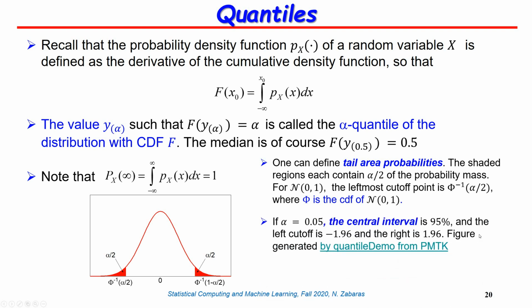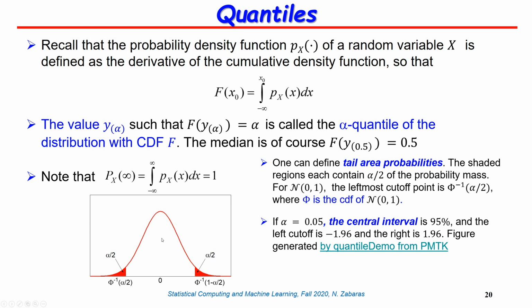You can use these calculations in the context of the standard Gaussian, but you can also extend them to any other Gaussian. Let me take a very standard example, when alpha is equal to 0.05, and define what's called the 95% central interval. If alpha is 0.05, this area here is 0.025 and this area here is 0.025, so the area in between is 0.95.